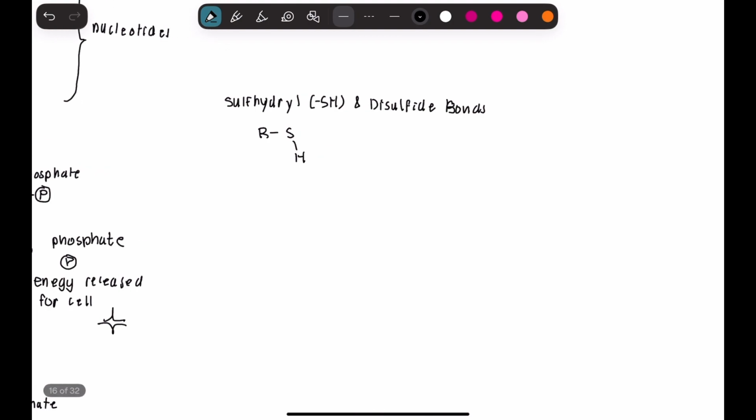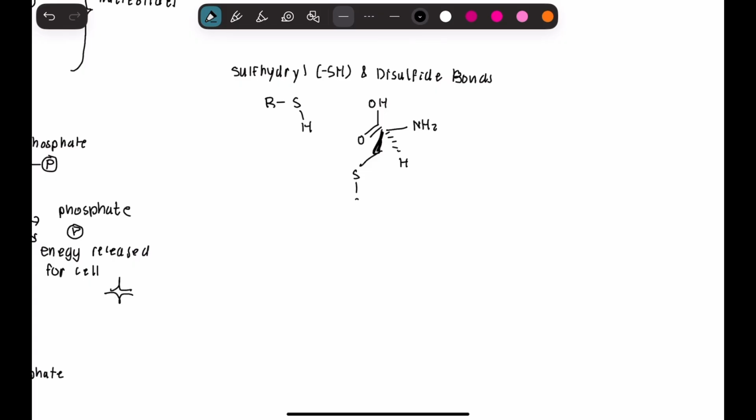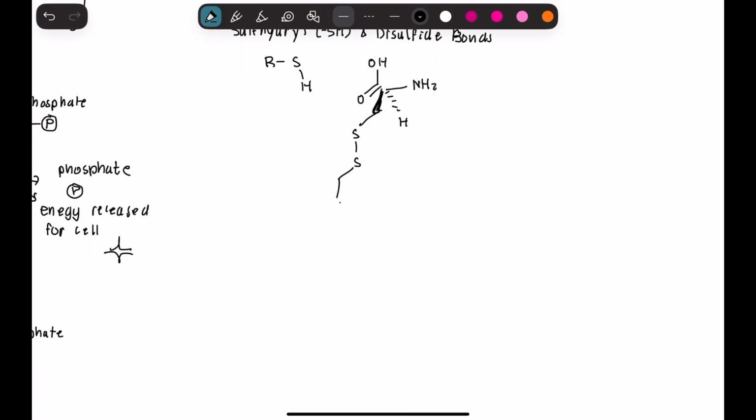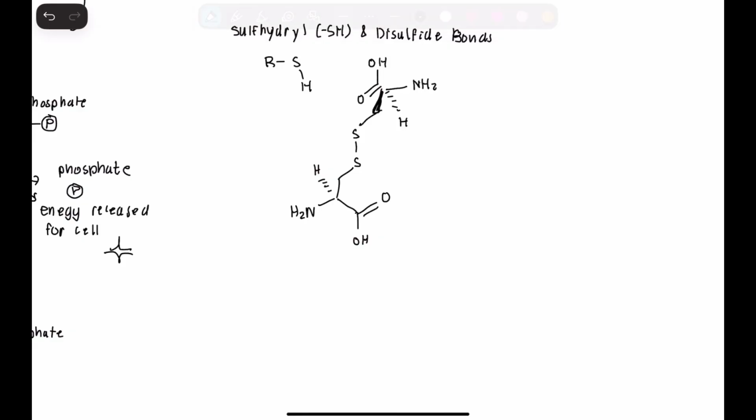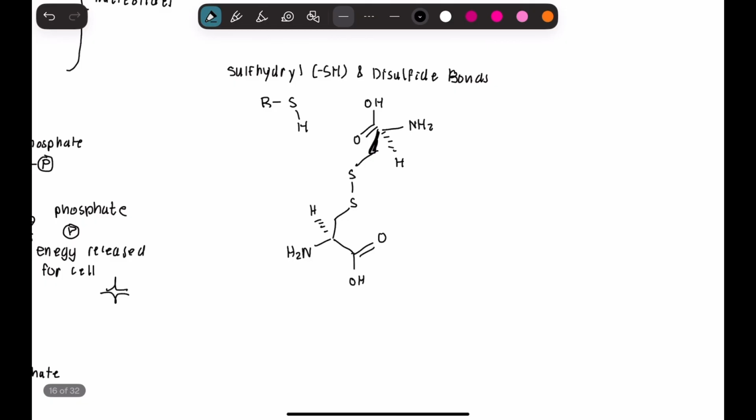For example, you can see that you have your SH, and what this means is your sulfhydryl is reactive, and it's also found inside cysteine.